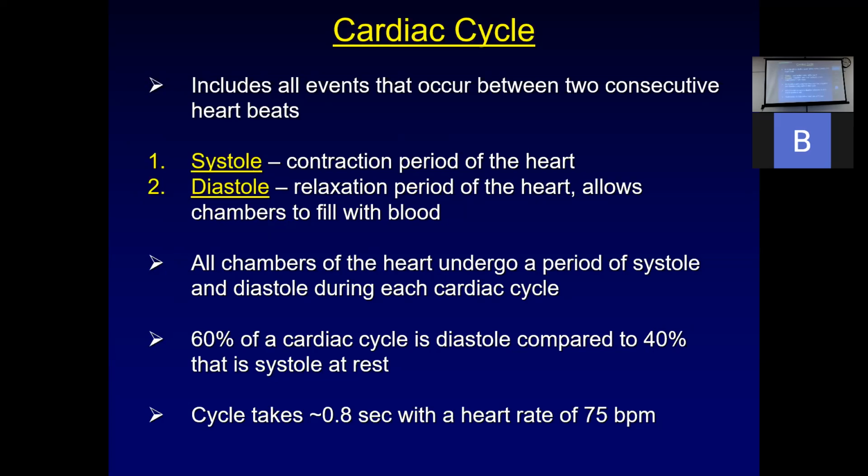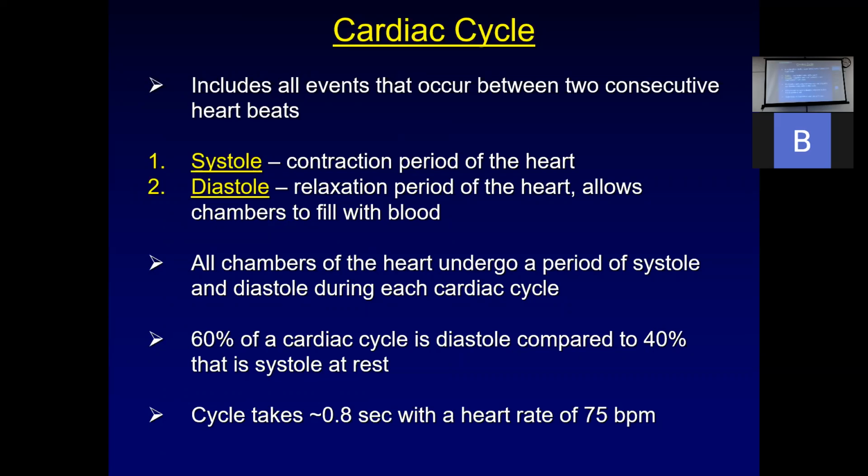So in a normal cardiac cycle at rest, you guys sitting there right now, we spend about 60% of the time of a cardiac cycle with your chambers relaxed. So it's about a 60-40 relaxation to contraction.